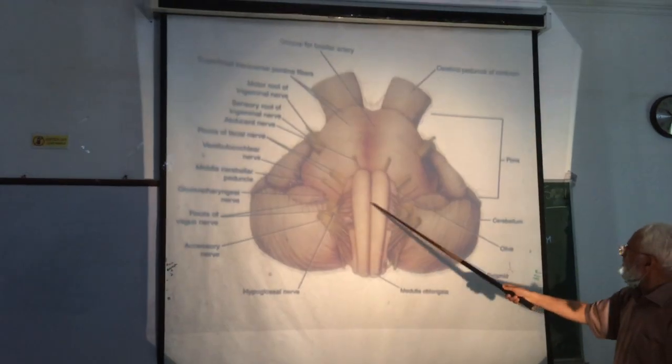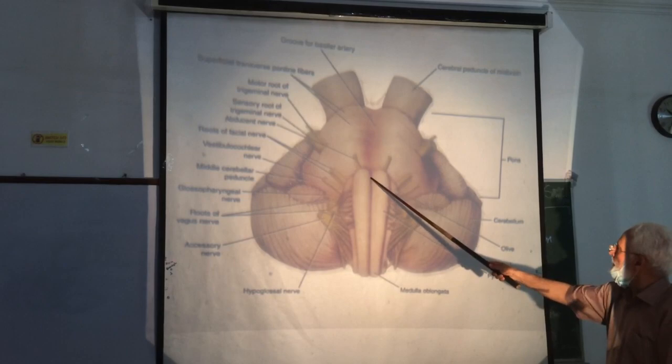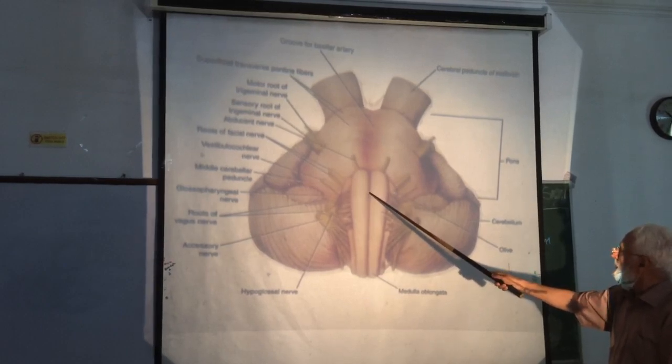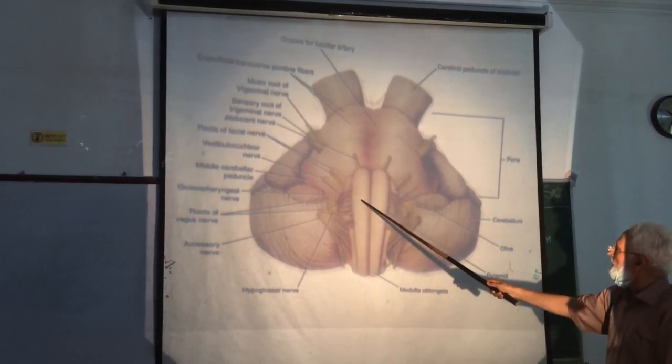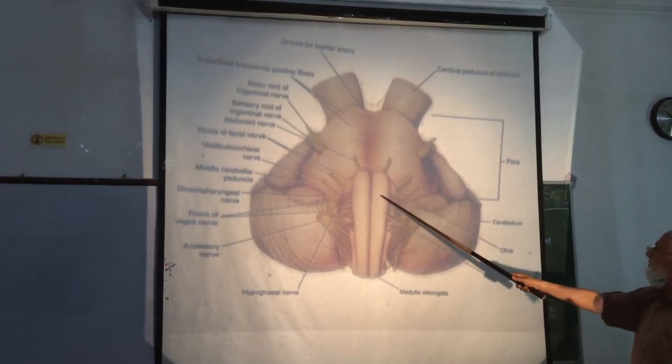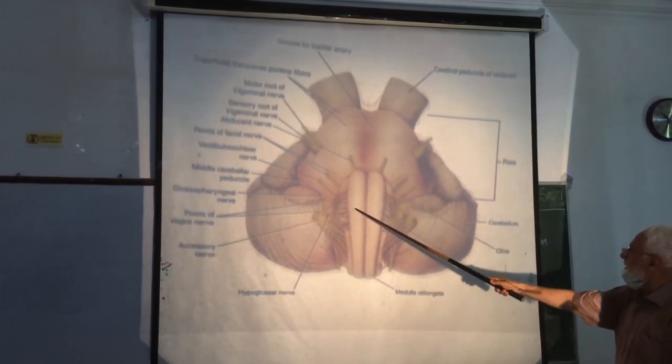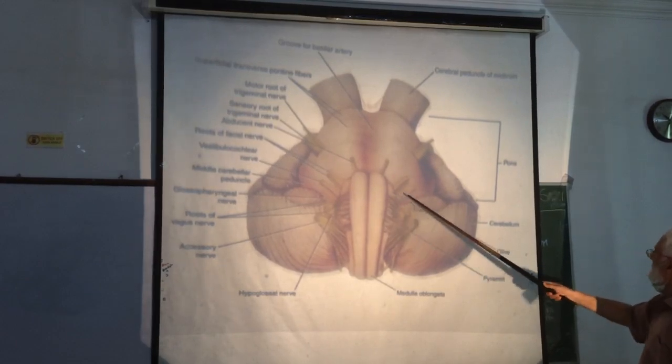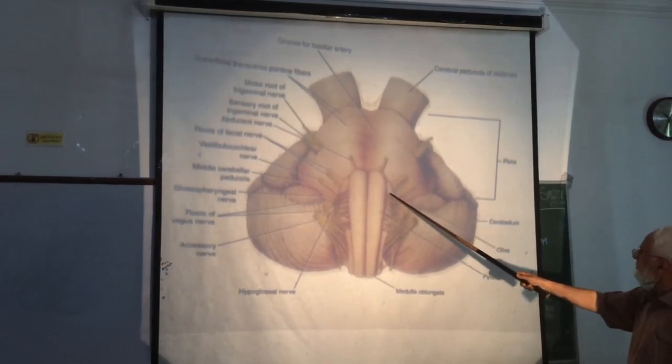You can see lateral to the anterior median fissure, these are the pyramids. One pyramid and the other pyramid. Posterior to the pyramid are the olives.